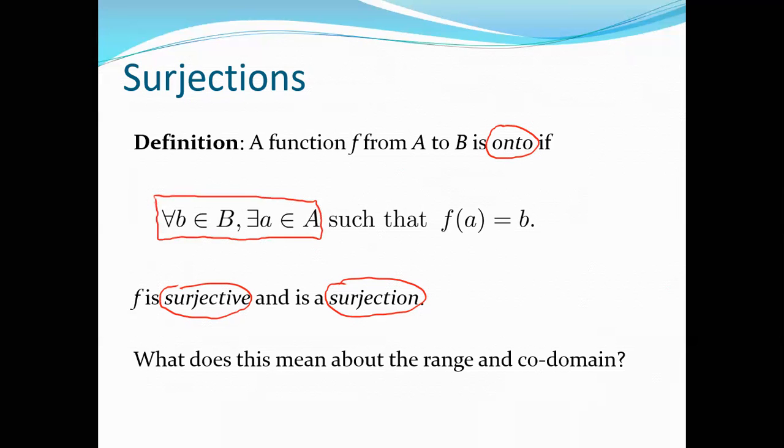Remember, B is just the codomain, yes? Any element in the codomain has a corresponding input that hits it under f, yes? That's what this is saying. For anything in the codomain, there is something in the domain such that f sends a to b.